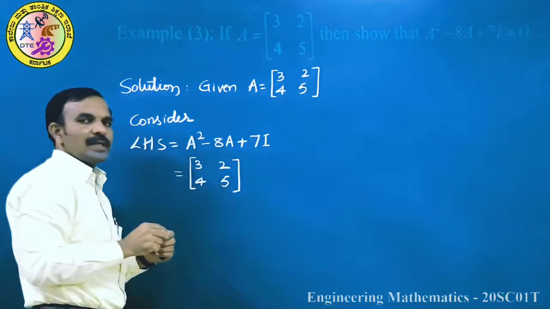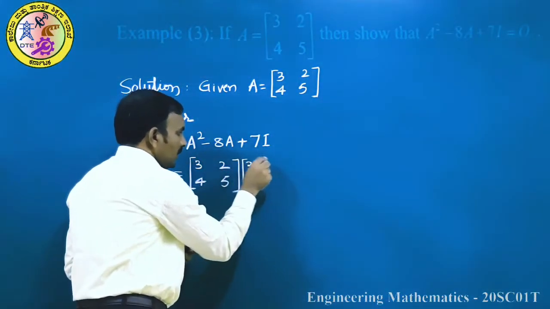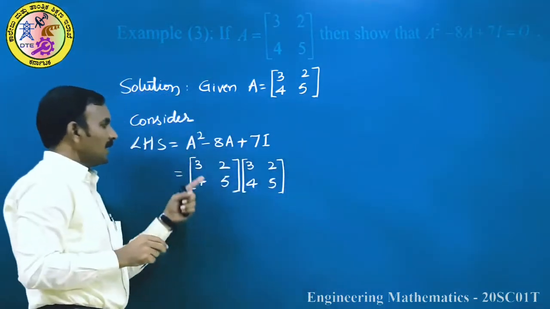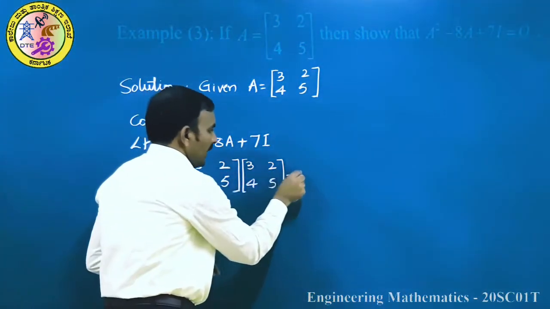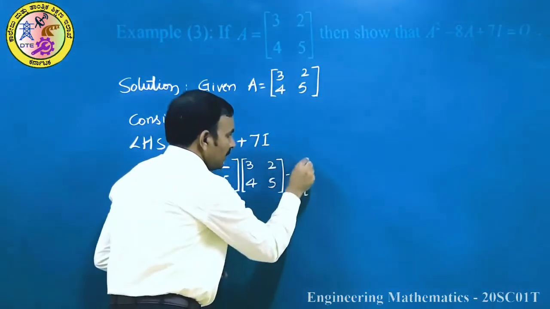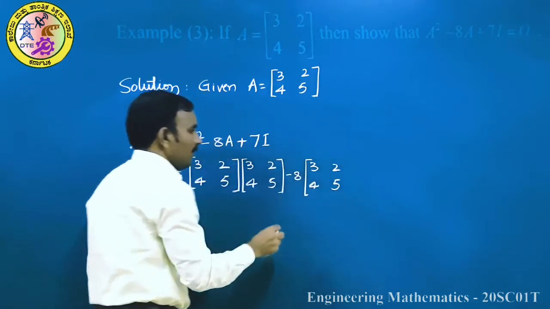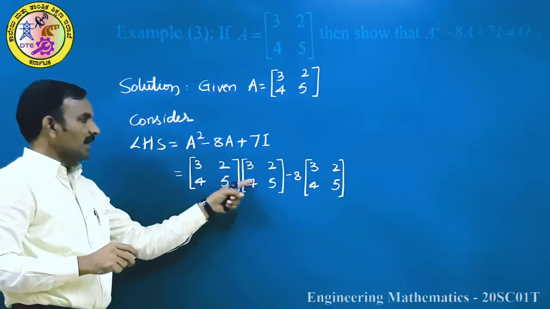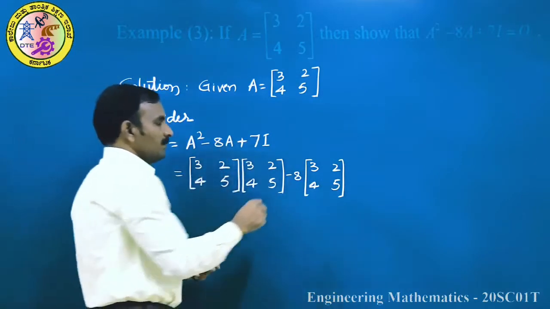So A square is [3 2; 4 5] into [3 2; 4 5], minus 8 times A, which is [3 2; 4 5], plus 7I.